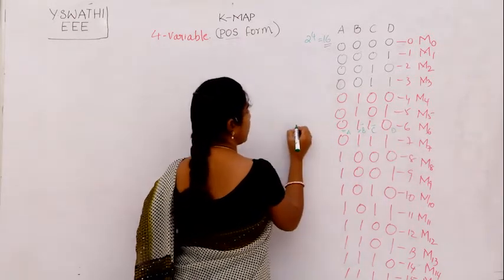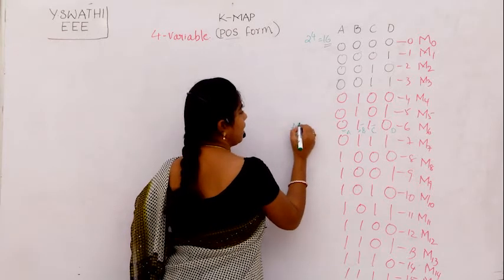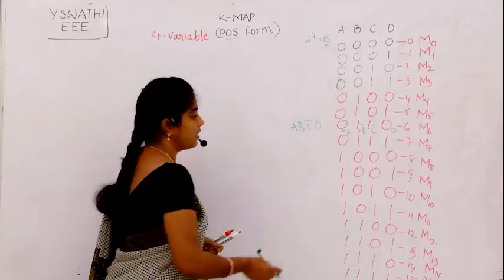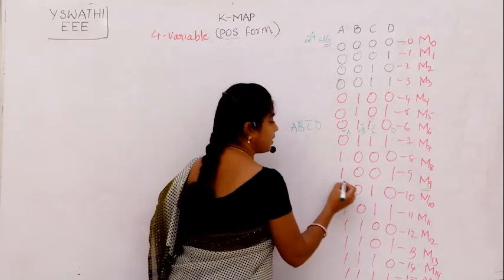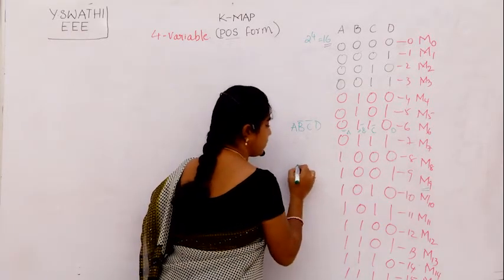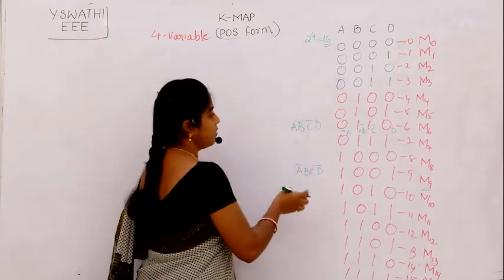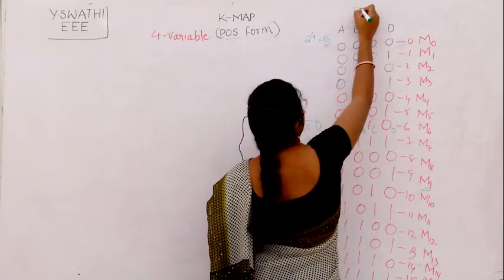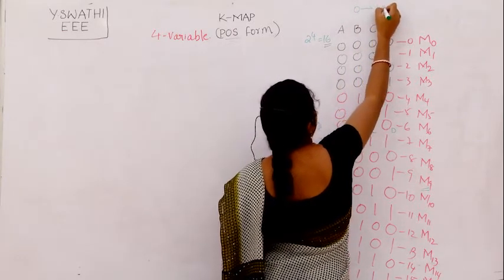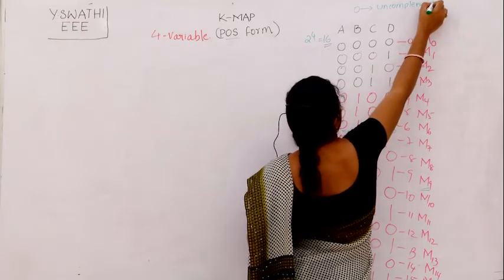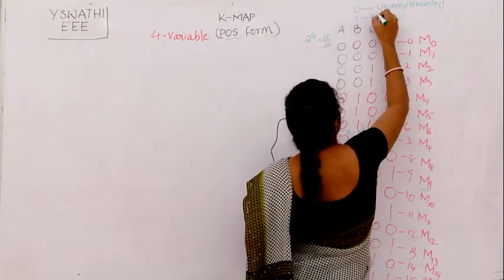So M6 I can write as A, B bar, C bar, D. Likewise M9 can be written as A bar, B, C, D bar. So here 0 represents uncomplemented form and 1 represents complemented form.